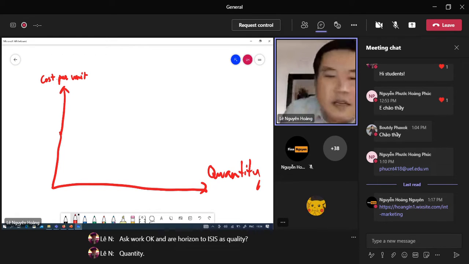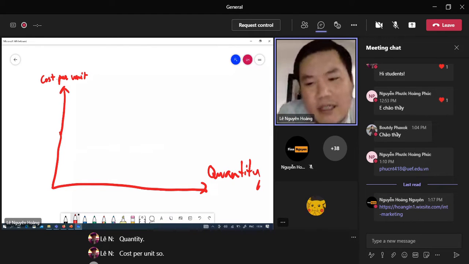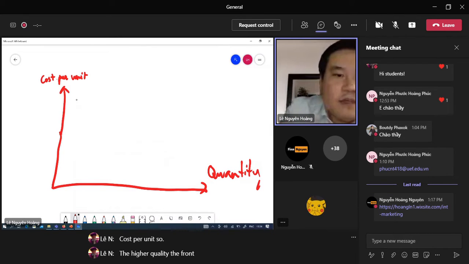So the higher the quantity the firm produces, the lower the cost per unit.